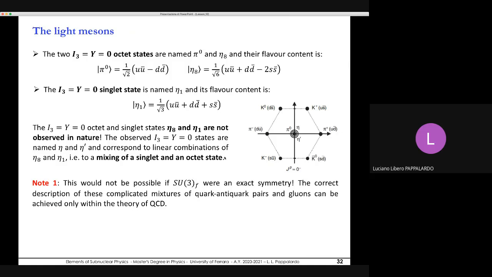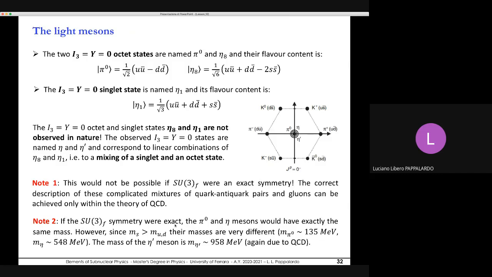And of course, this is only possible because the SU(3) flavor symmetry is not an exact symmetry. If it were an exact symmetry, you could not have this mixing, and you would have observed in nature the eta 8 and eta 1. Now, the correct description of this complicated mixture of quark-antiquark pairs and gluons can be achieved only within the theory of quantum chromodynamics, so far beyond this simple static quark model.